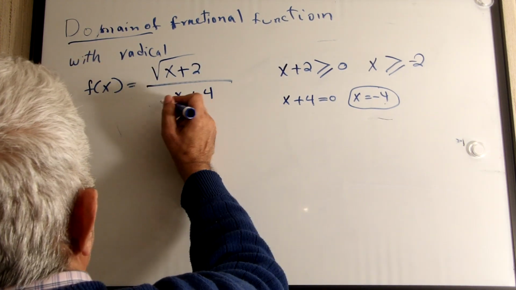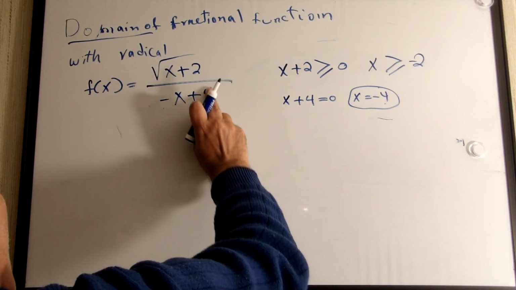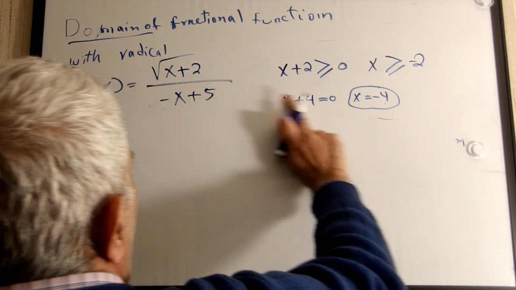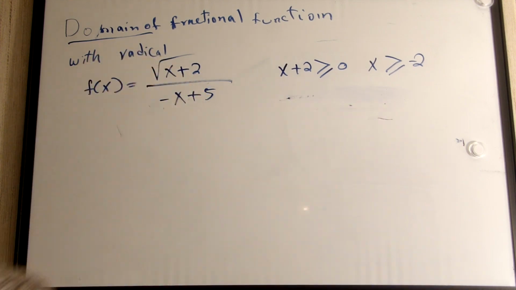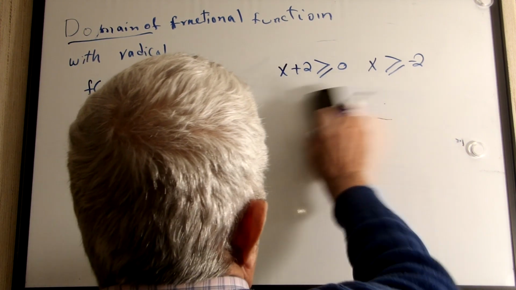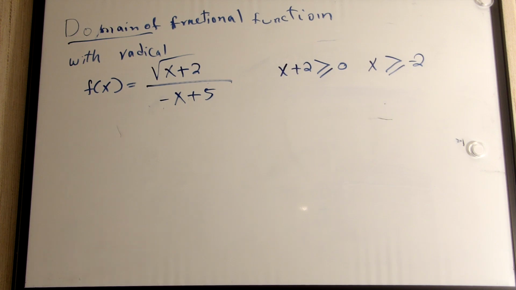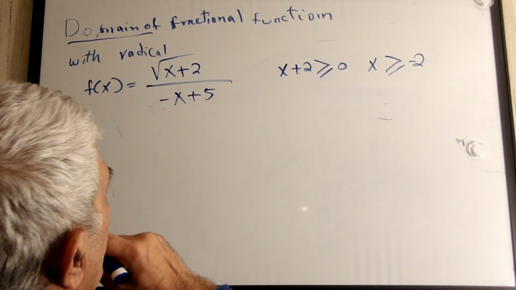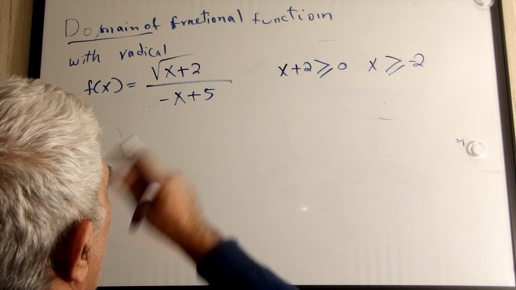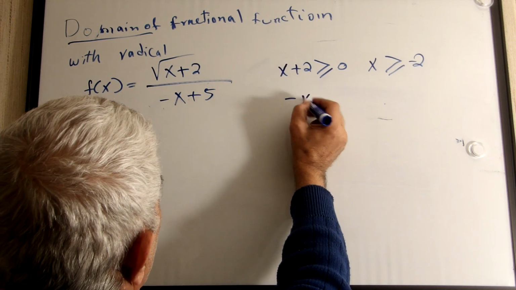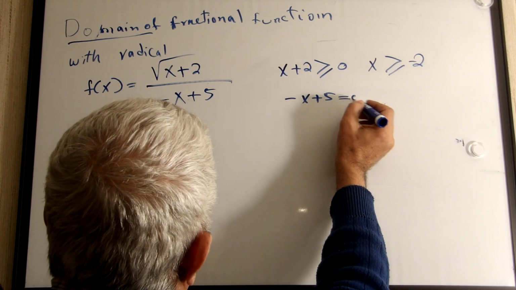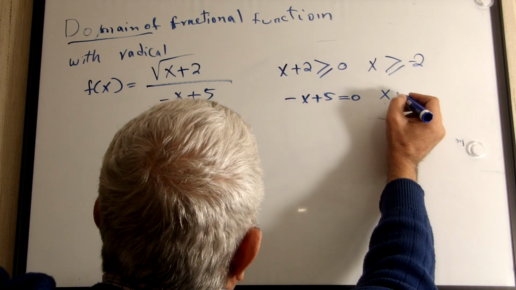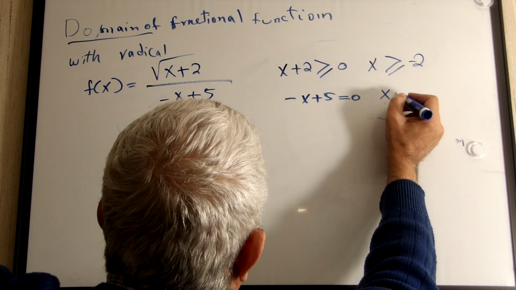No, let me first go back, because my original question was like this; that was another question I was going through. Anyway, see what you do: minus x plus 5 is equal to 0, we say it shouldn't be 0, and we find that x is equal to 5.